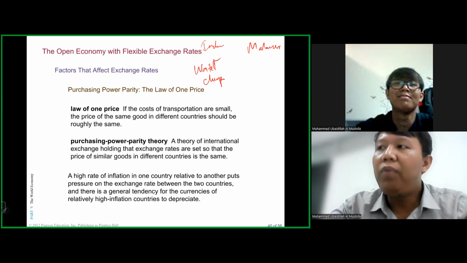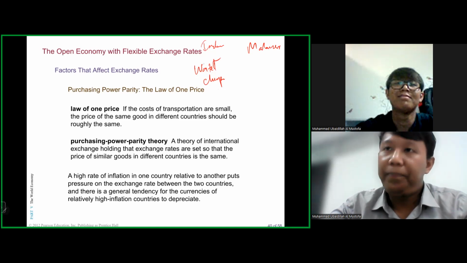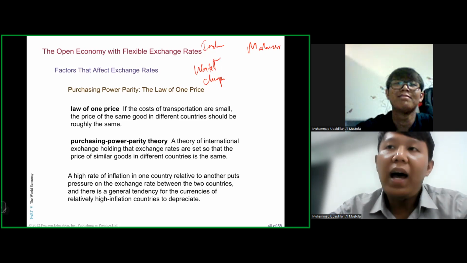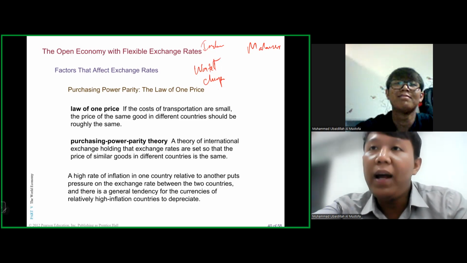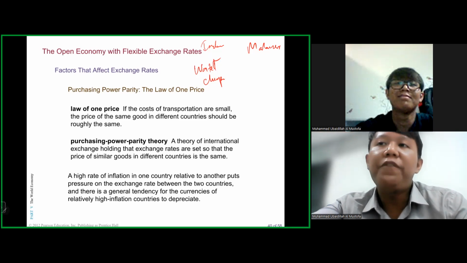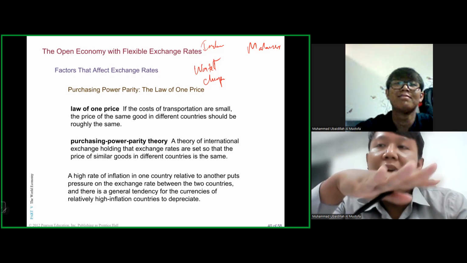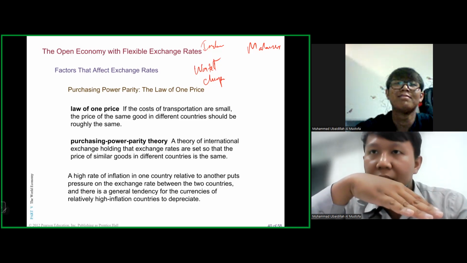The increase in demand for water in Indonesia will make the demand for Indonesian rupiah increase, right? So this will adjust the price. The appreciation of the Indonesian rupiah in value will then offset the benefit of the cheaper price that our product is selling.